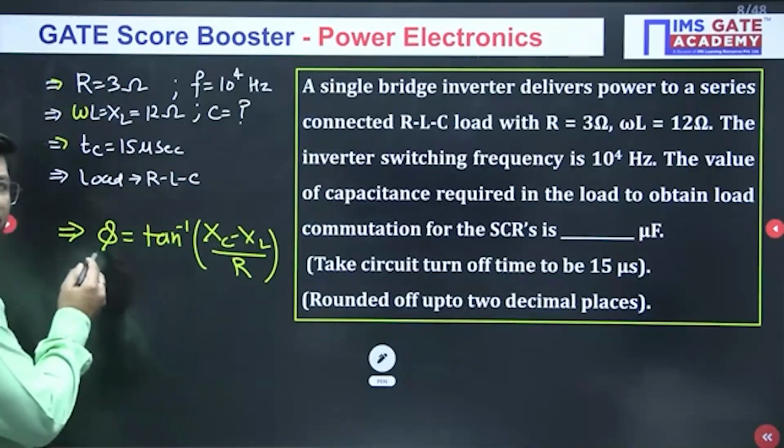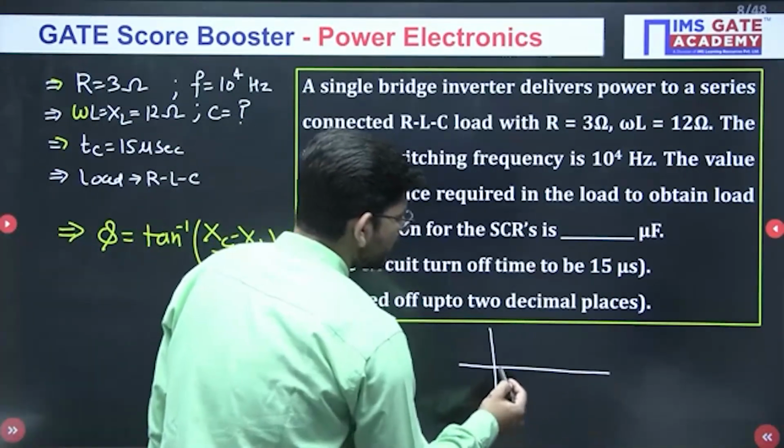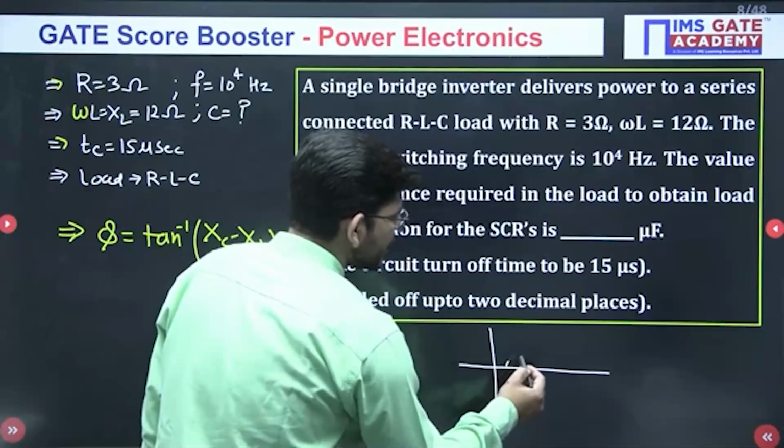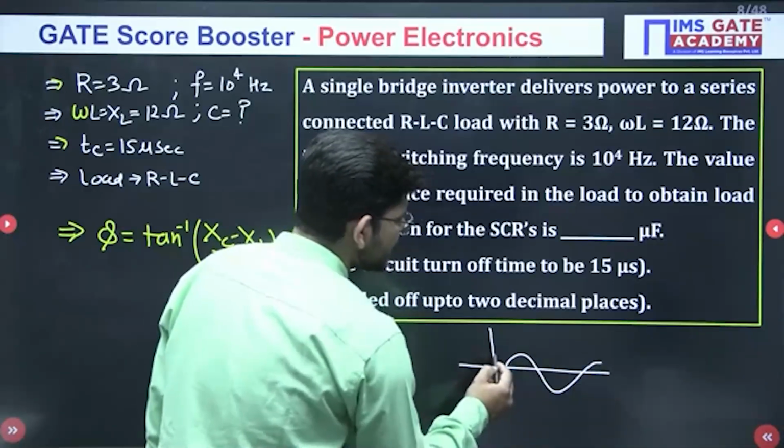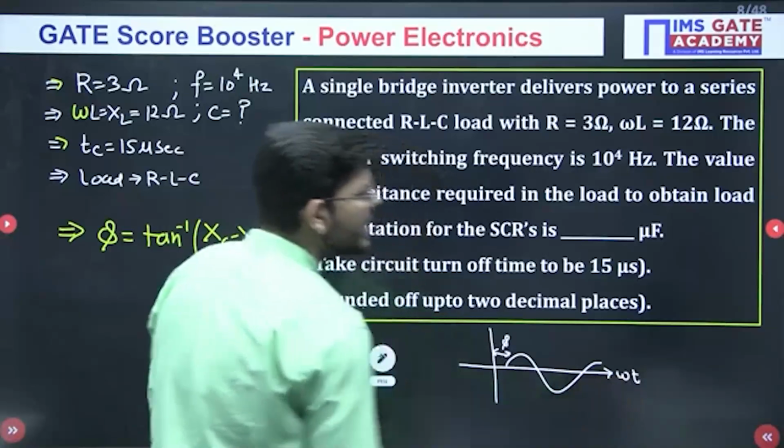Now this angle phi you will get on the waveform. If your waveform is like this, then this is the angle phi. This axis is the omega t axis.